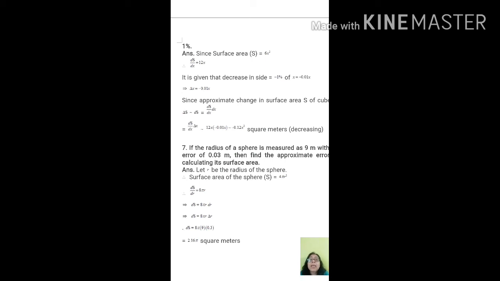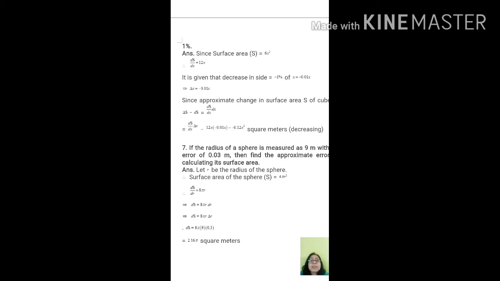So ds by dx we can find out, that is 12x. Now it is given that the decrease in side is 1% of x, decreasing means minus 1%. So delta x is coming minus 0.01x.